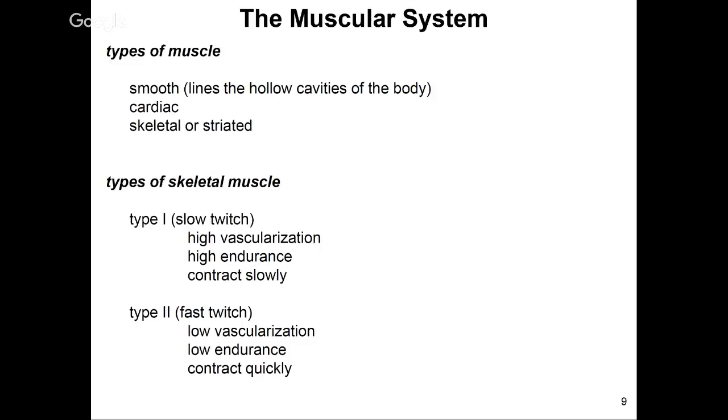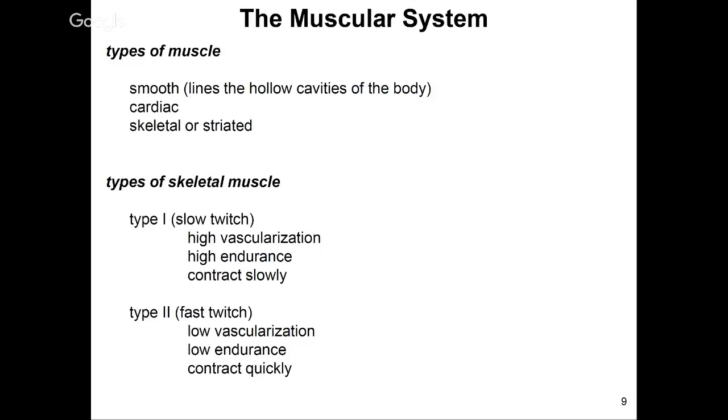Now, as you do resistance training and work out, you will get more vascularization than you had before. It's not that you have more vessels necessarily, but they're larger. They've expanded. So you'll have more blood going to your muscles than you did before.